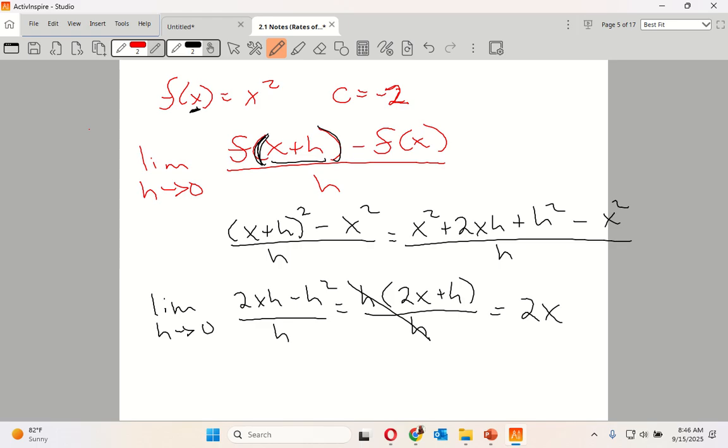So technically what we just did here was f prime of x. So what we can do is f prime of -2 for my notation. That means that in my f prime function, what am I going to plug in? -2 everywhere that I see an x, right? So 2 times -2? -4.